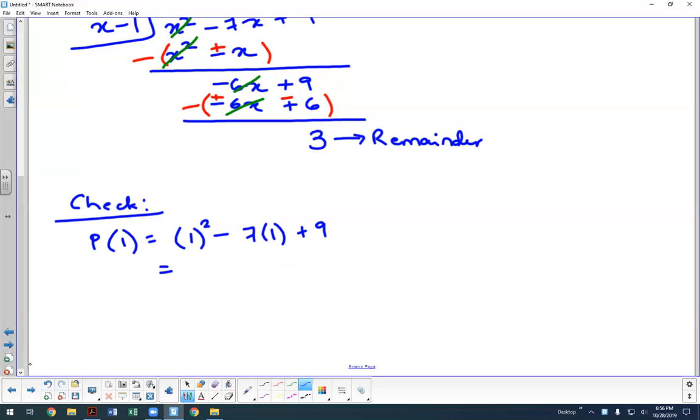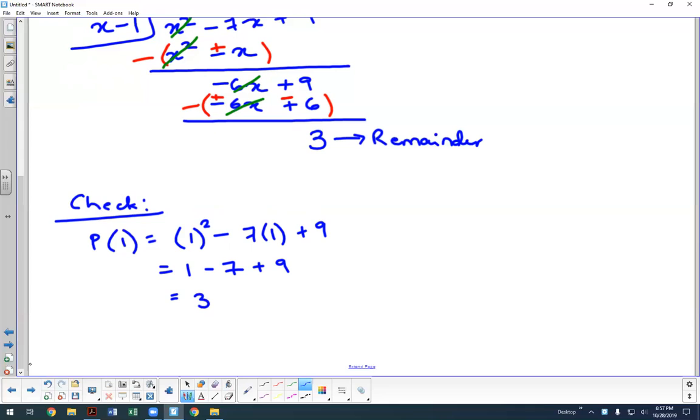So 1 squared, of course, is 1. Negative 7 times 1 is negative 7 plus 9. What does that give you? 1 minus 7 plus 9. Should give you 3, right? Because you're doing 1 minus 7, which is negative 6. Negative 6 plus 9 will give you 3.